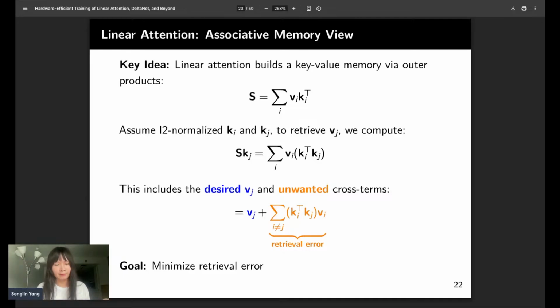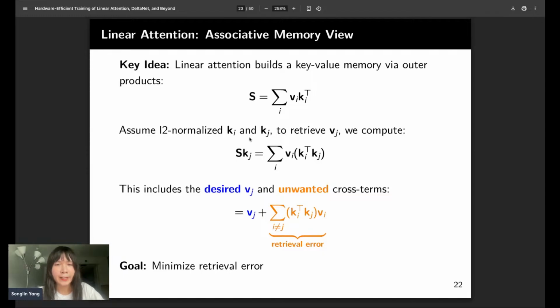First, we can analyze why linear attention performs poorly in in-context recall. Like we said before, linear attention can be regarded as an associative memory, encoding key-value association pairs using this outer product structure. This is very related to the classical associative memory.